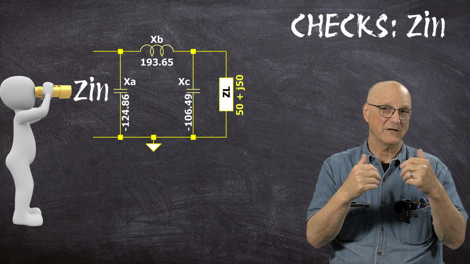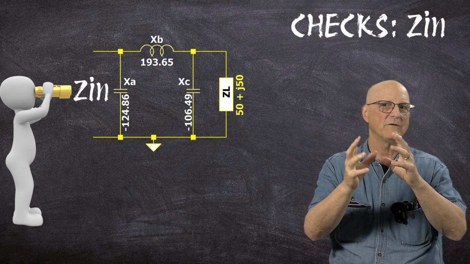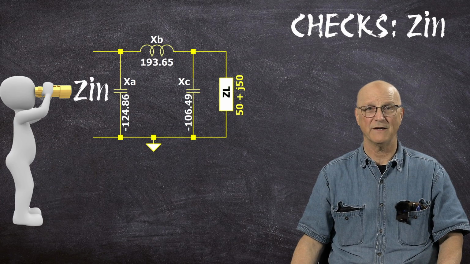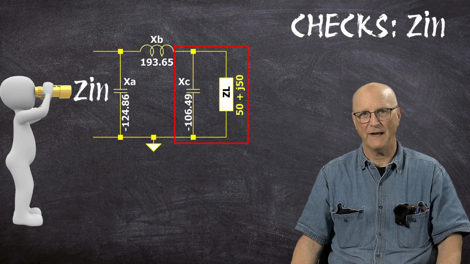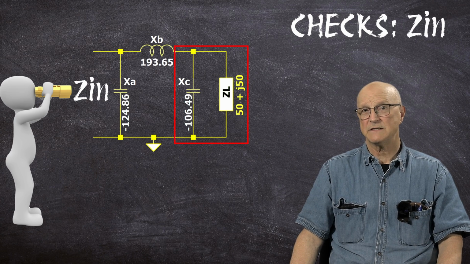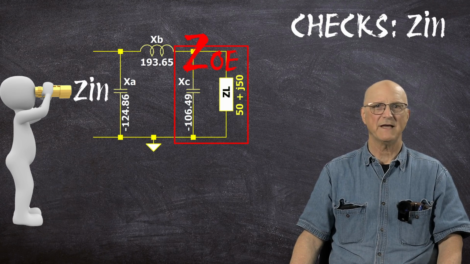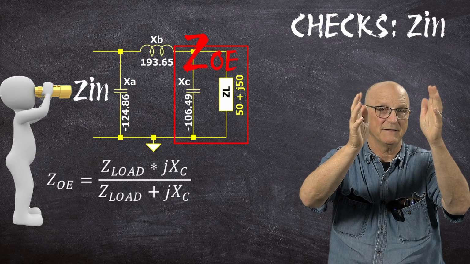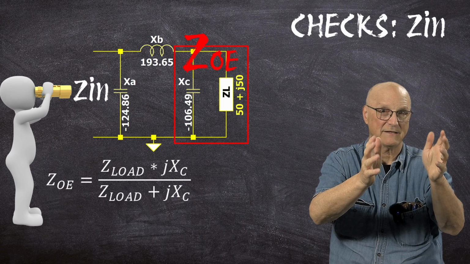Now, when I look at things like this, I look for combinations of components that I can find the equivalent impedance of. And the first thing that I see looking at this one is that the load impedance is in parallel with the output capacitor whose reactance is XC. I'm going to call this combination ZOE. So let's do this first. ZOE is equal to Z load times JXC divided by Z load plus JXC.